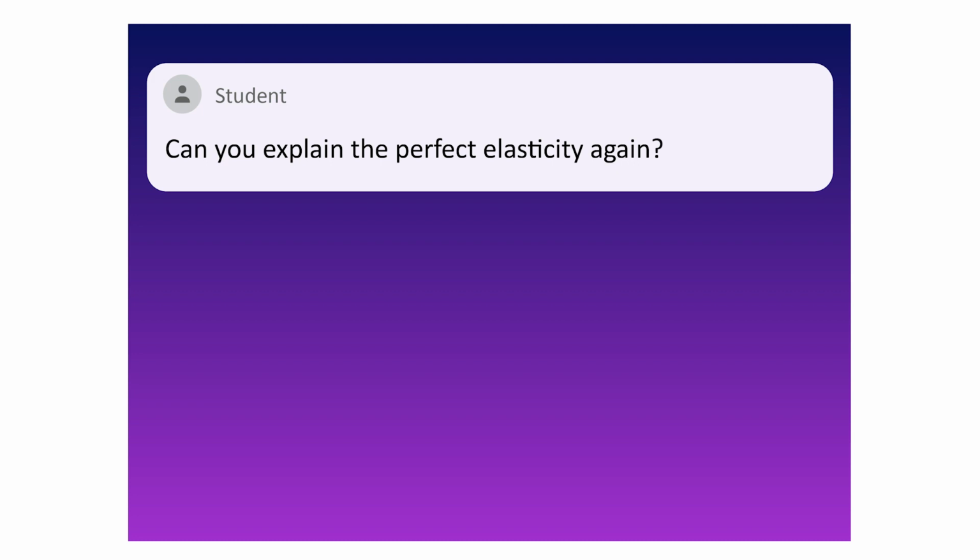Okay, can you explain perfect elasticity again? I tried to explain this when we went to the supply side as well. The key thing is that from the law of demand, we know that the demand curve is downward sloping. But when it becomes flatter and flatter, in the limit it will be horizontal. Think of right before you get to that, you have a very flat demand curve. That means when the price goes down a little bit, quantity demanded just explodes.